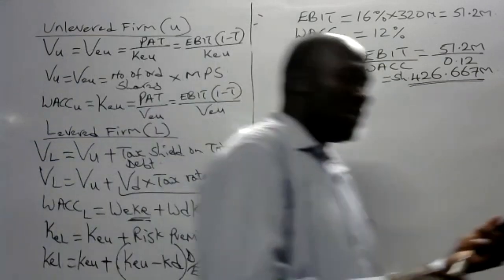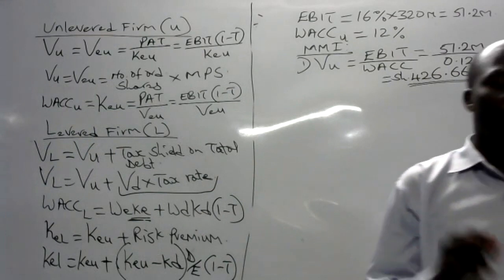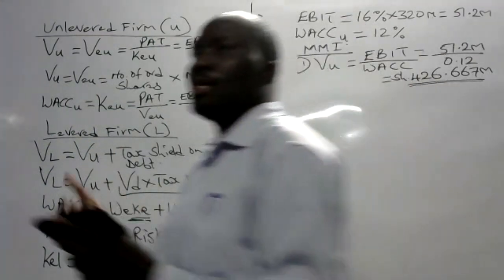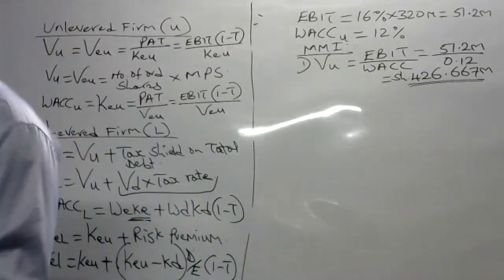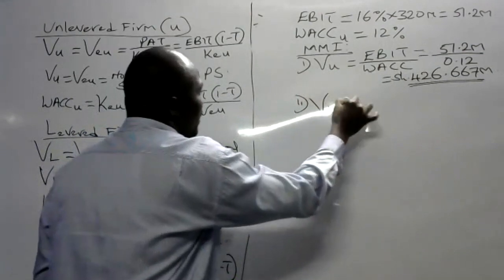Then he throws in two more marks: calculate the current value of a levered firm if it uses 10 million of 7% debt. We are still in MM1. So how do we get the value of the levered firm?